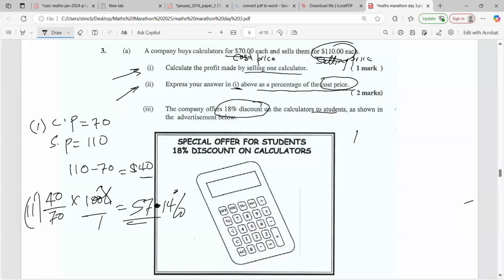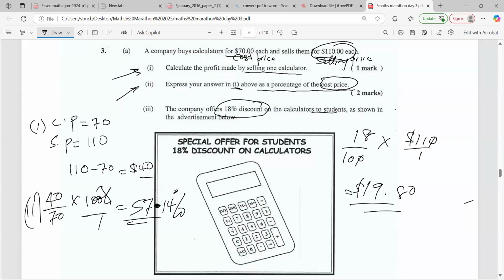So all we have to do is find 18%. A discount means a reduction in the price, right? So 18% times the 110. We go to the calculator to do the magic. It gives me 19.8. So this is the discount amount.